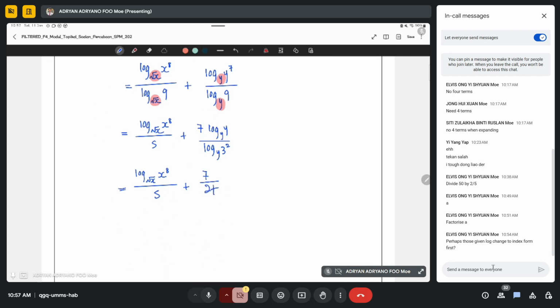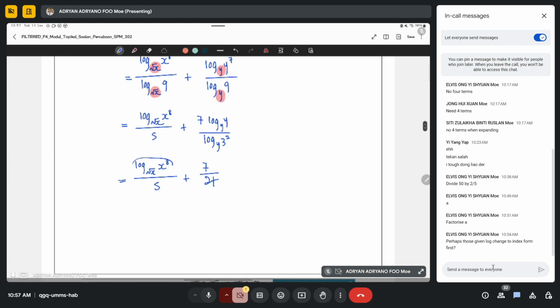So your answer is roughly like this. This part, you need to think how I want to simplify log set x, and then x power 8. You can press the Casio calculator, but if you do not have a Casio, how do you change it to 16? I want you to try and think how do I change this to 16.